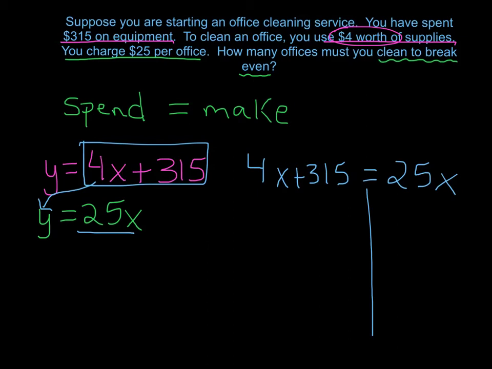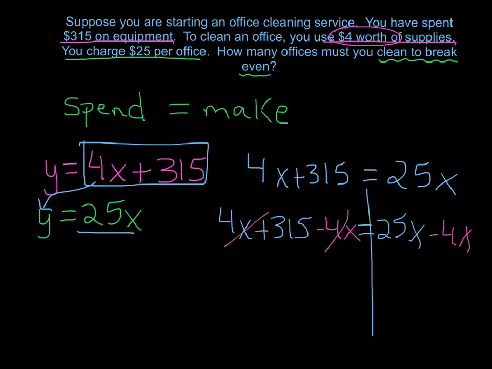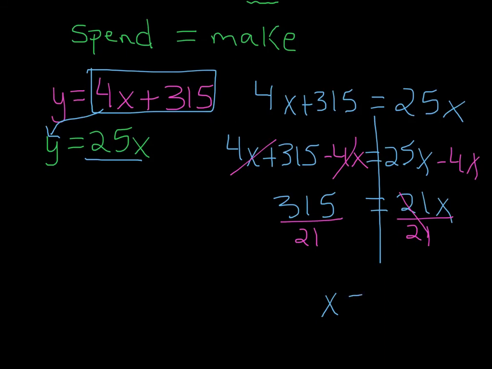So I need to subtract 4x on both sides. So 315 equals 21x, and then you're going to divide both sides by 21. And you should get that x equals 15.